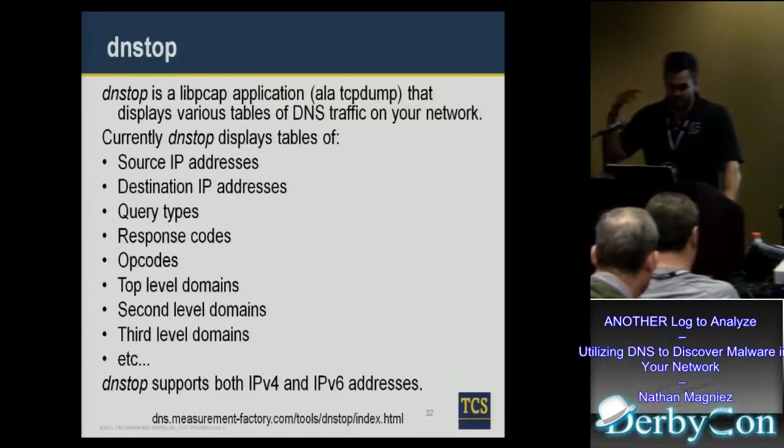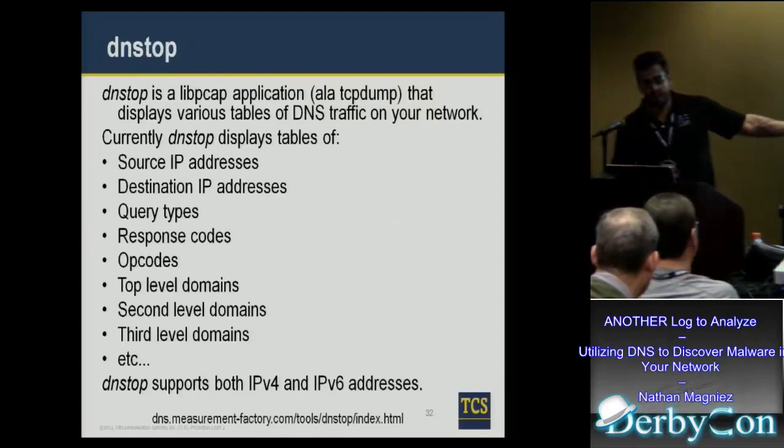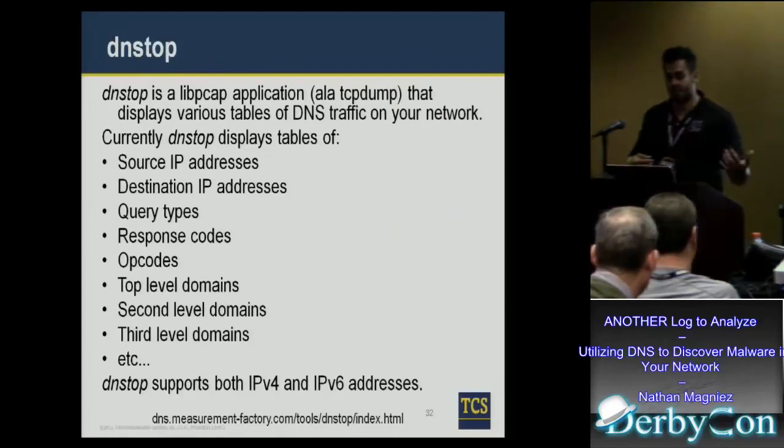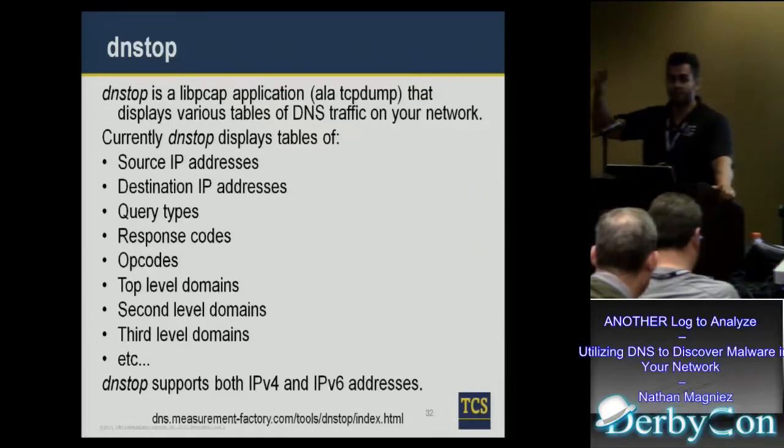It will display tables of your source IP addresses, destination IP addresses, the query types you're using, the response codes, so again those NX domains coming back and the successfully resolved ones, top level domains like we talked about before, second level domains, and so on. DNS top supports both IPv4 and IPv6 addresses as well. However, it does not support TCP.